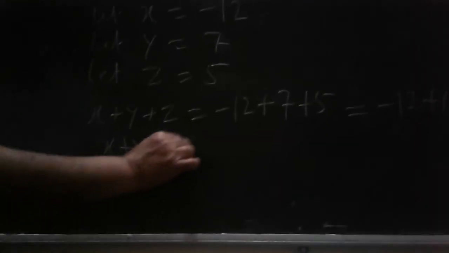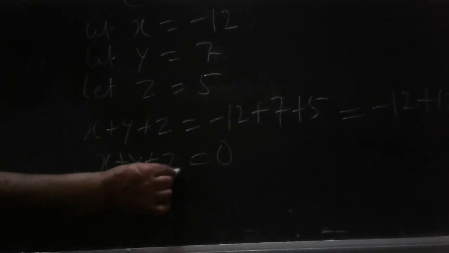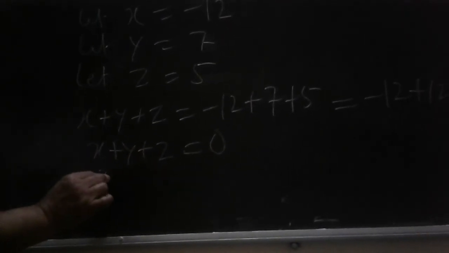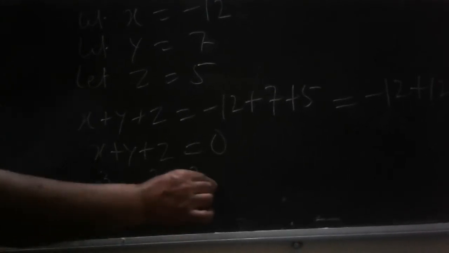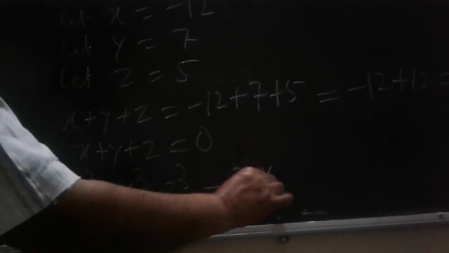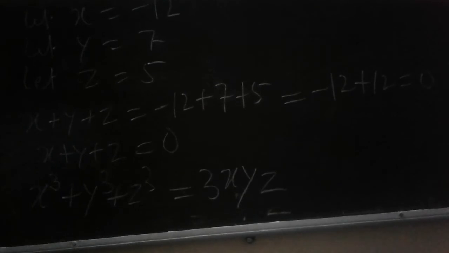As we showed in the previous question, if x plus y plus z is equal to 0, then x cube plus y cube plus z cube becomes equal to 3xyz.